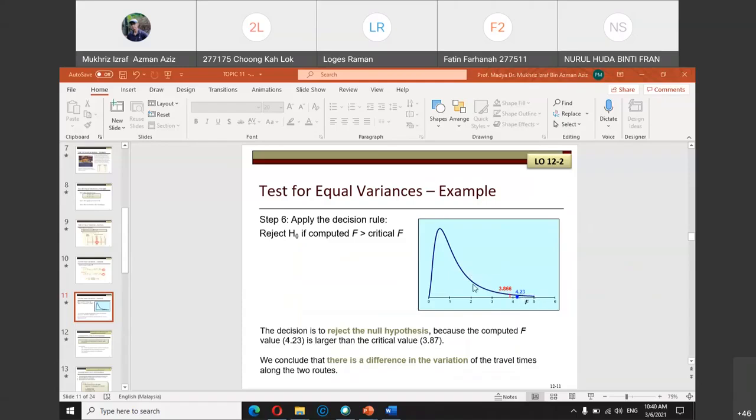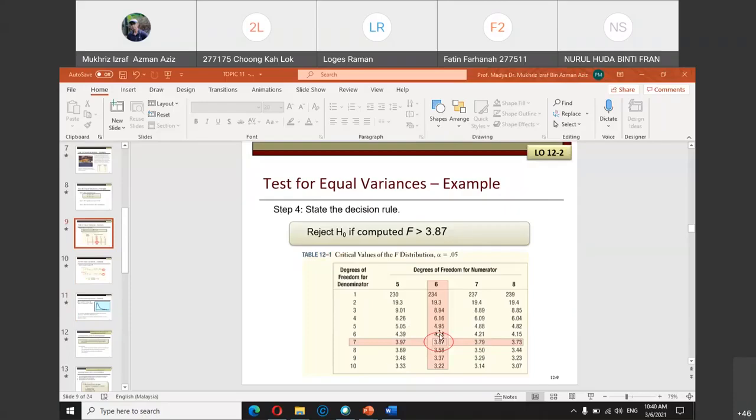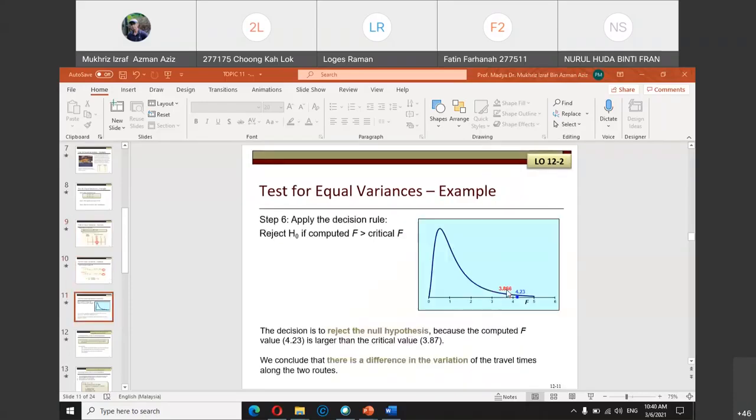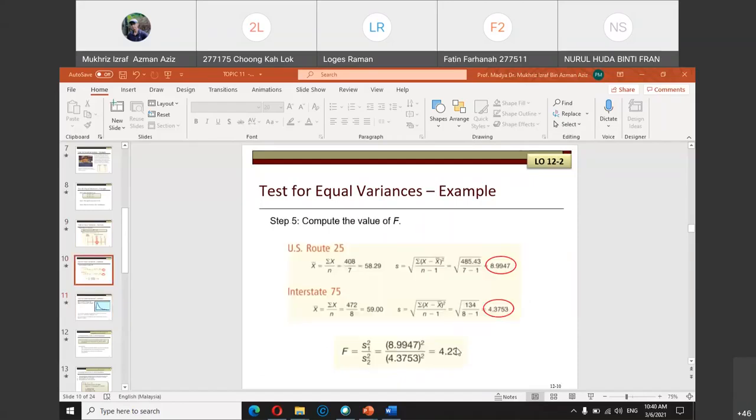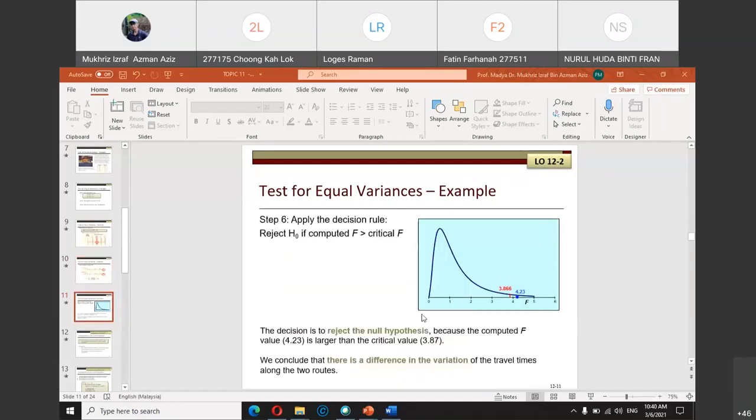You need to show the critical value, which is 3.87 based on the table here, 3.866 or 3.87, and then the calculated F that you obtained just now is 4.23. So we conclude that the calculated F is higher than the critical value, inside the area of rejection. Therefore, we reject the null hypothesis, because 4.23 is inside the area of rejection.